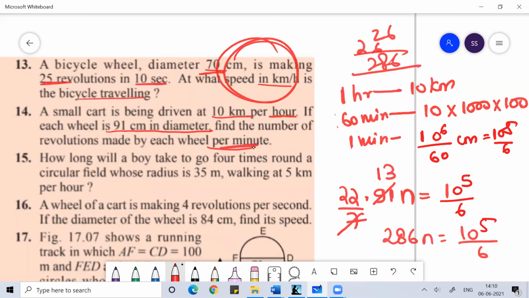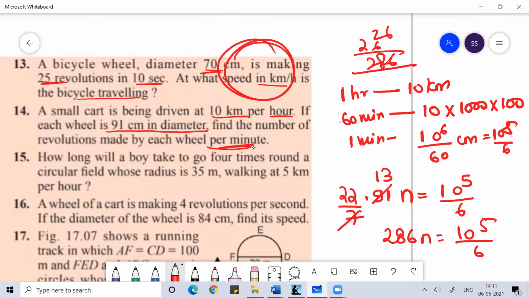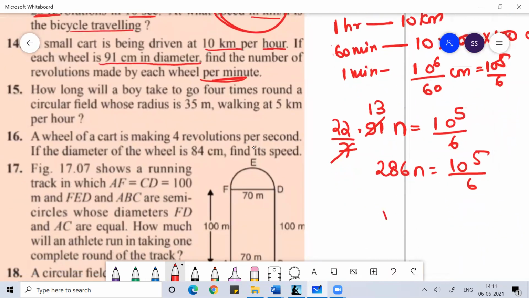So we will find the value of n. n is equal to 1,00,000 divided by 6 into 286.